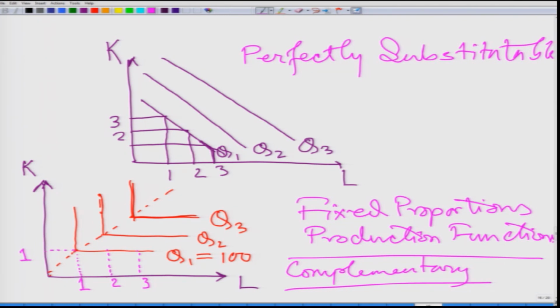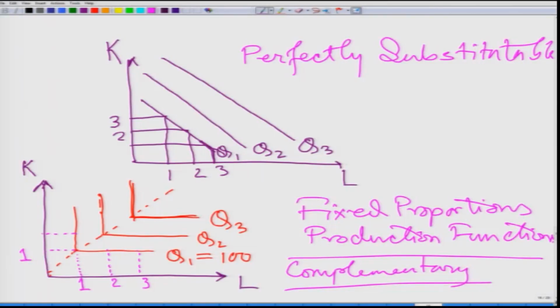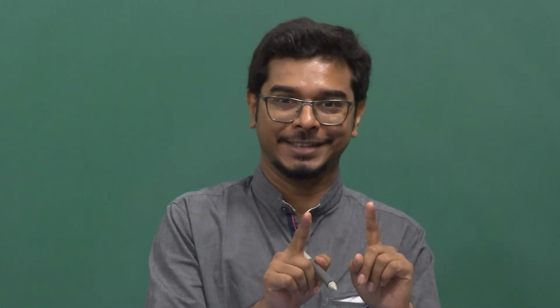Even if I have 1000 operators but one X-ray machine, I can manufacture at most 100. Similarly, if I have one operator but 2 or 3 X-ray machines, it doesn't matter, because one operator can operate only one X-ray machine, so the total output will remain the same, 100.